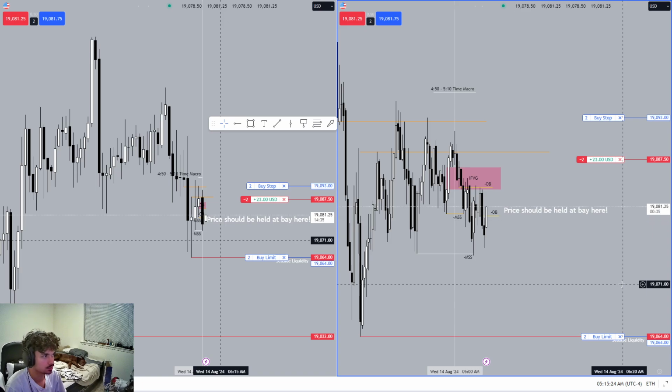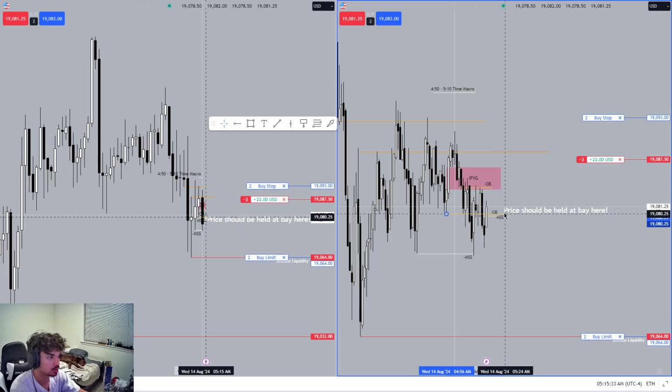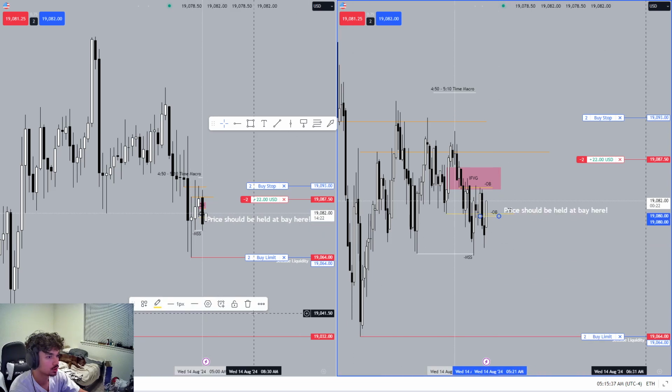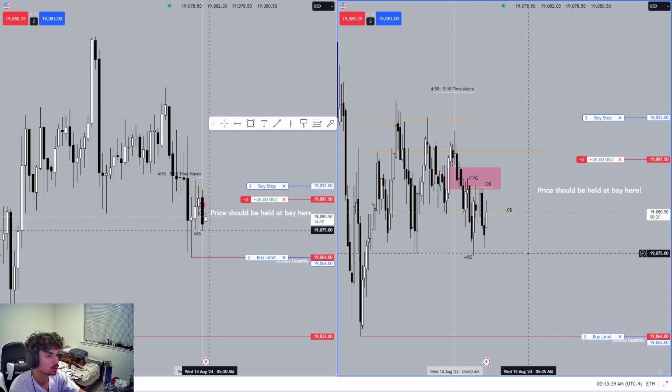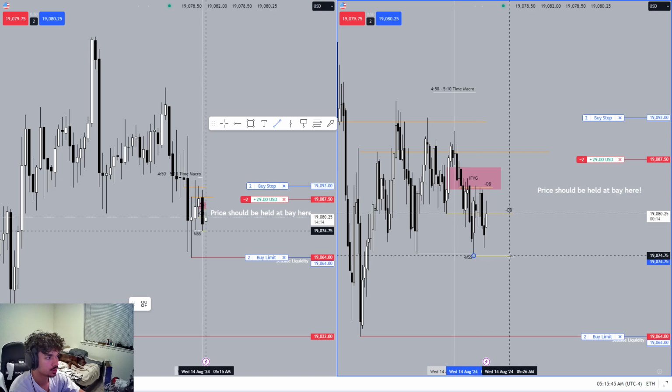I was about to say, it's kind of hovering around there. Oh, by the way, we did close underneath this 15-minute candle. So a little wick is okay. That is permissible. Price should be held at bay here, and we should take out this candle's low right here.